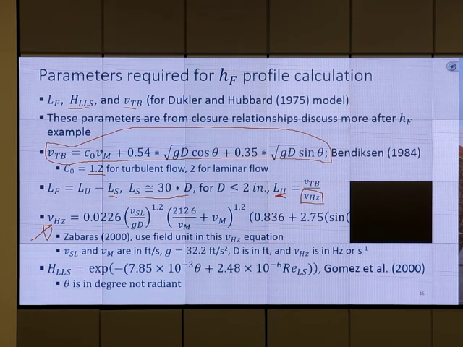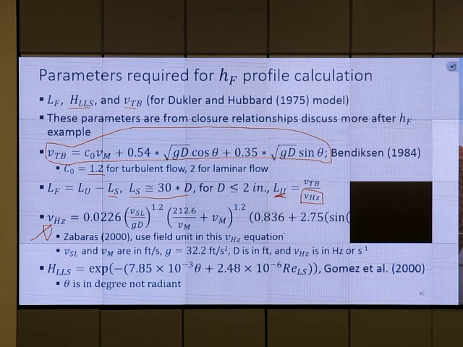One period is the time it takes for one slug to reach the next point, repeating itself in a periodic manner. So time, which is the period, multiplied by VTB, gives us slug unit length. Okay, LU equals VTB divided by frequency.